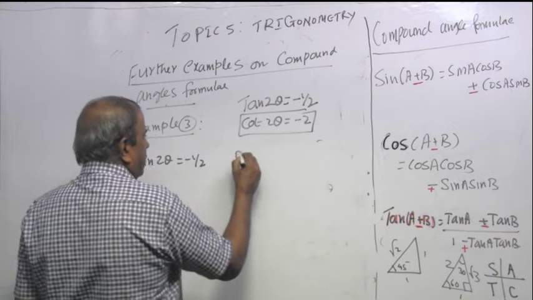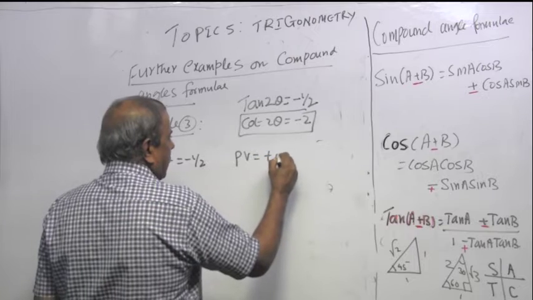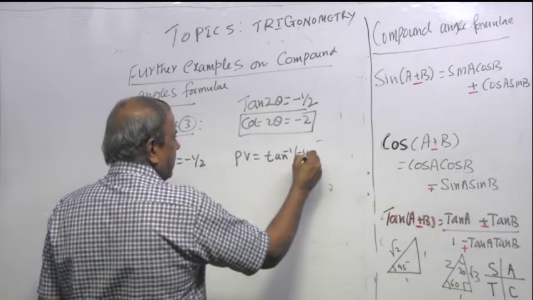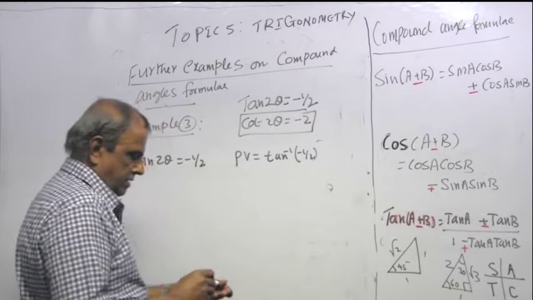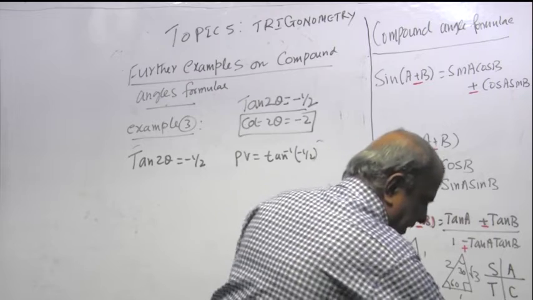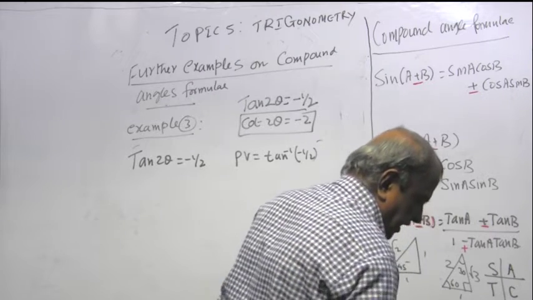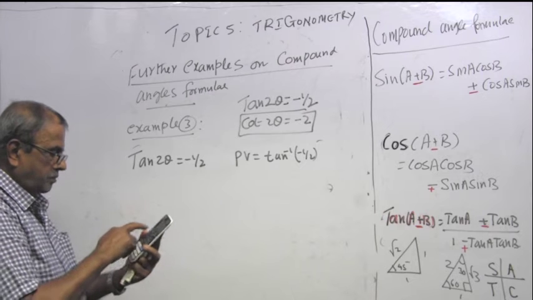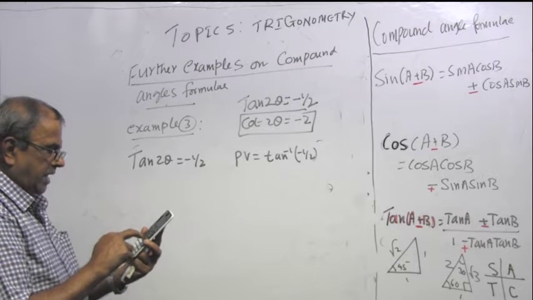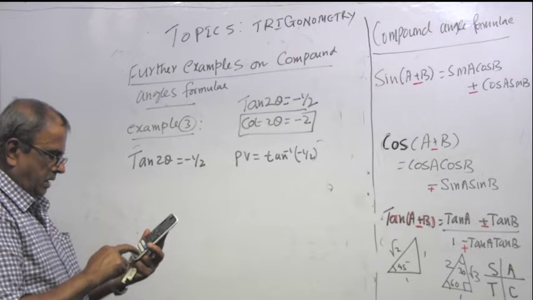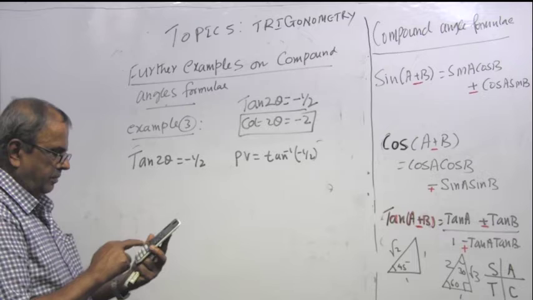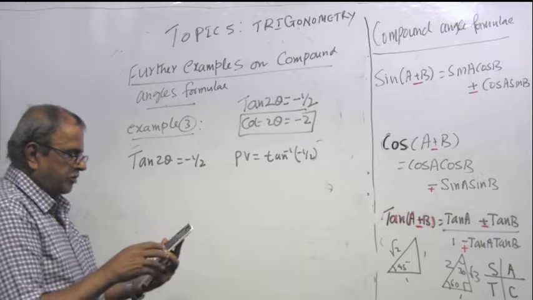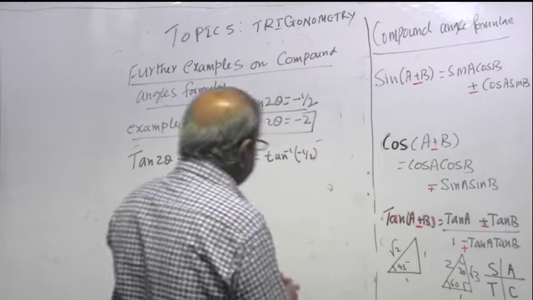First job is to find the principal value as tan inverse of minus half, or arc tan of minus half. Where's my calculator and my glasses, as usual? Okay. Shift tan minus 0.5 gives minus 26.6.